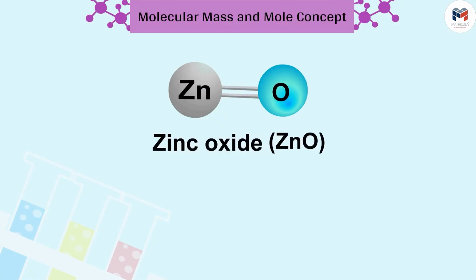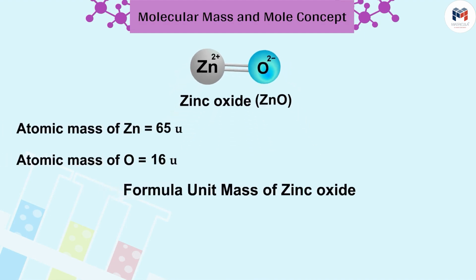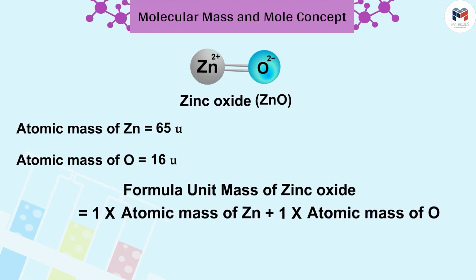For example, a zinc oxide ZnO molecule contains 1 zinc ion Zn2+ and 1 oxide ion O2-. Therefore, we have the formula unit mass of zinc oxide. In this way, one can find the sum of masses of a zinc and an oxide ion.